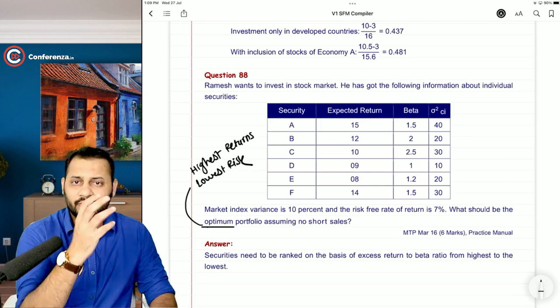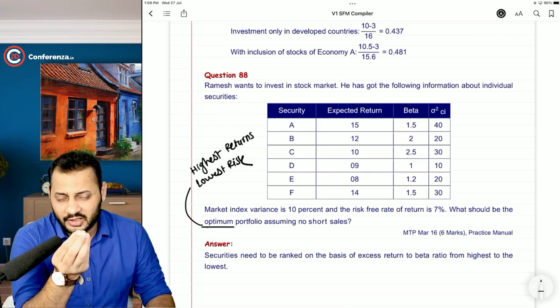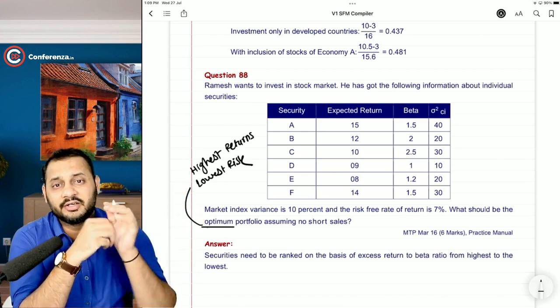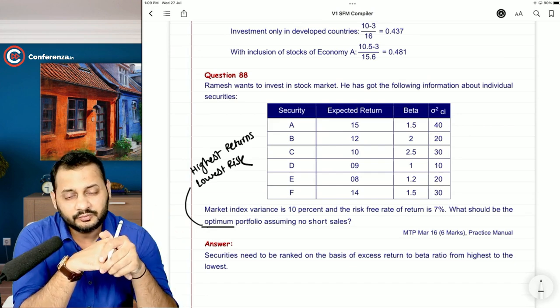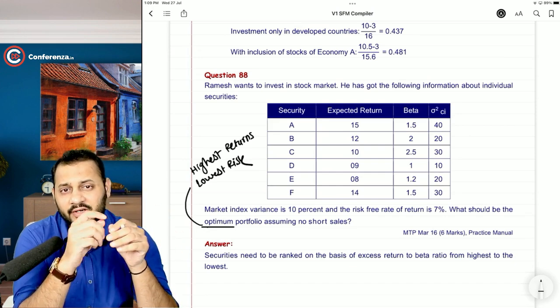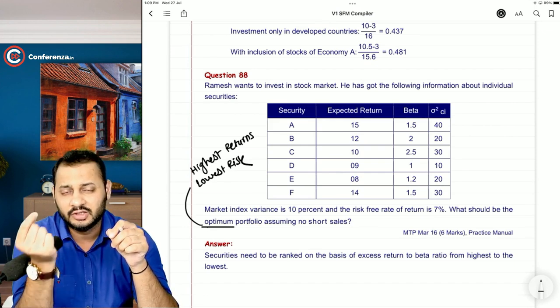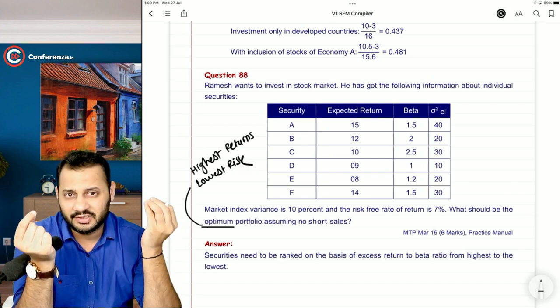So what are you going to do? There will be a certain set of securities. First of all, you will find out the extra return to risk ratio. We can call it the reward to volatility ratio of all the securities, and we will find out for every 1 unit of risk, or beta, how much extra return all the securities are giving us.